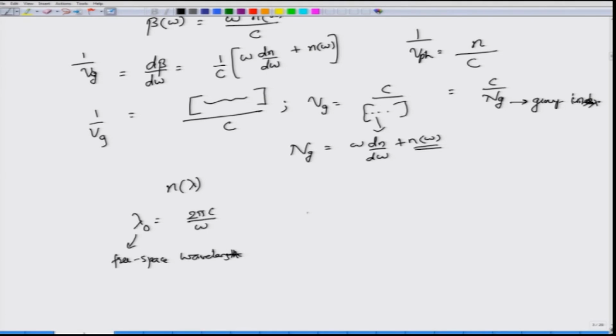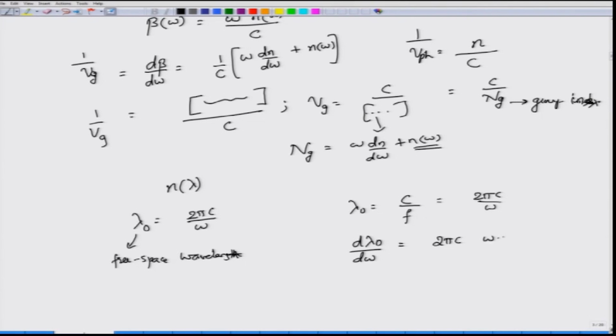Now, if you were to differentiate this one, I know that lambda is given by c by f or 2 pi c by omega, anyway this is the same. So, now if I differentiate this lambda with respect to omega, okay, I can do this. What do I get? I get 2 pi c, which is a constant, times d by d omega of 1 by omega.